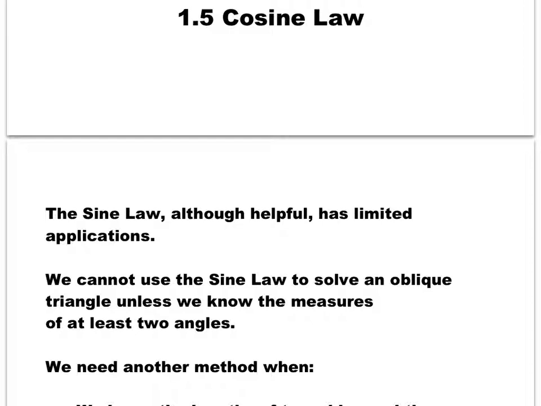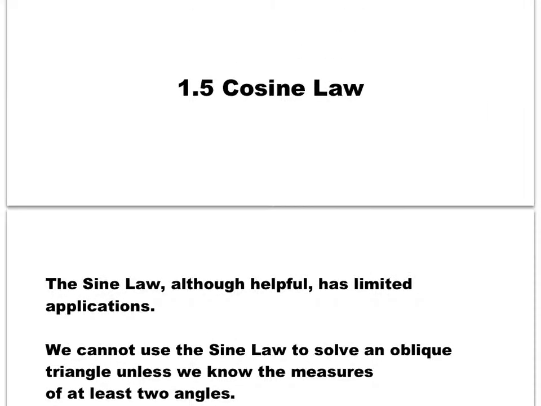Consider a case of a triangle ABC. Let's say these two sides are given and this angle between them, which we call the contained angle, is also known.